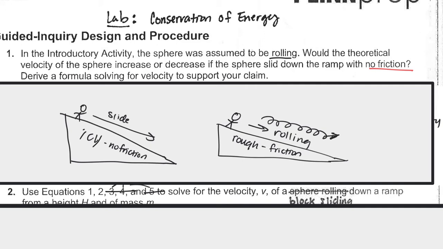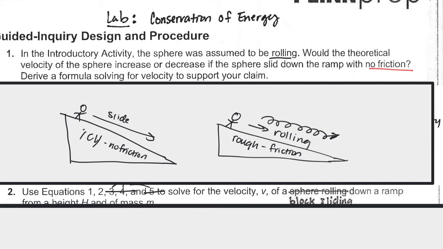Okay. So that brings us back to this question: would the theoretical velocity of a sphere increase or decrease if it slid down the ramp with no friction? It's talking about a sphere sliding down the ramp with no friction. So if the sphere is on the ramp, it wouldn't roll because there's no friction.